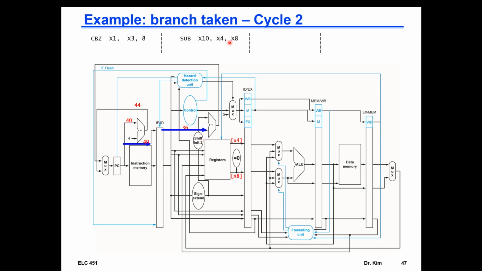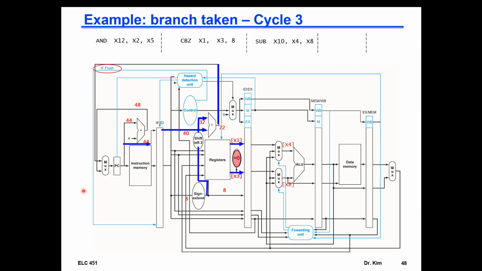Okay? So here we have a subtraction, and here we're fetching the branch instruction. At this point, we detect that the branch is going to be taken. We have calculated the new branch target address, and the control can activate a flush signal for this pipeline register here.